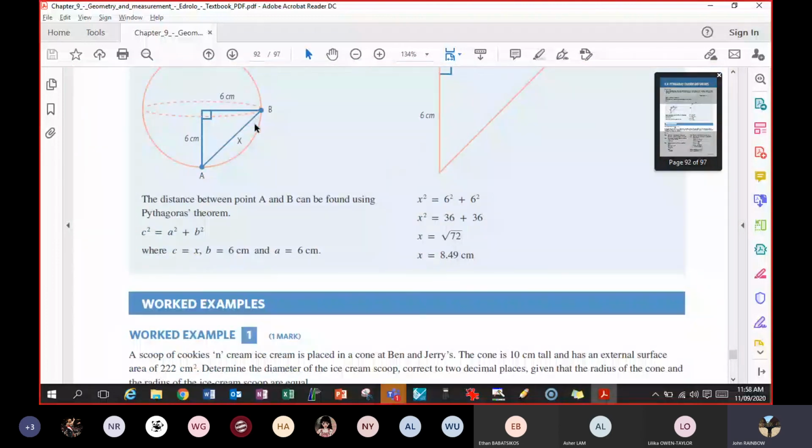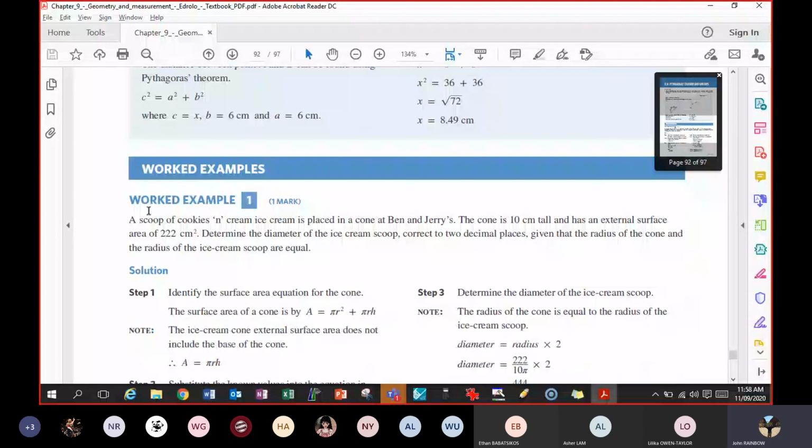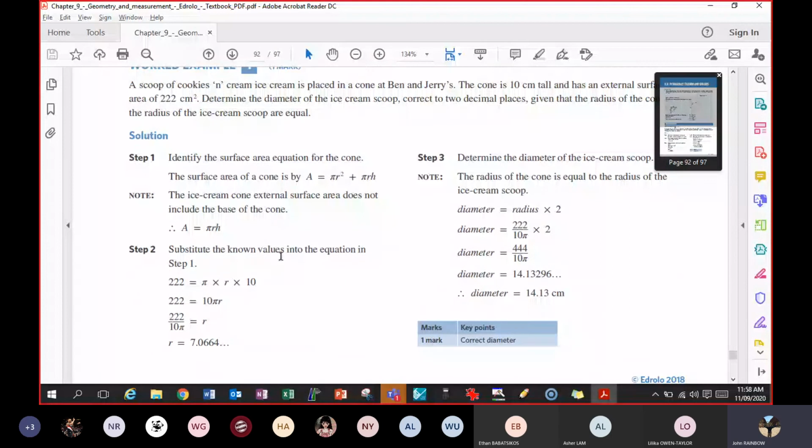So for example, a scoop of cookies and cream ice cream is placed in a cone at Ben & Jerry's. The cone is 10 centimeters tall and has an external surface area of 222 centimeters. Determine the diameter of the ice cream scoop correct to 2 decimal places, given the radius of the cone and the radius of the ice cream scoop are the same.